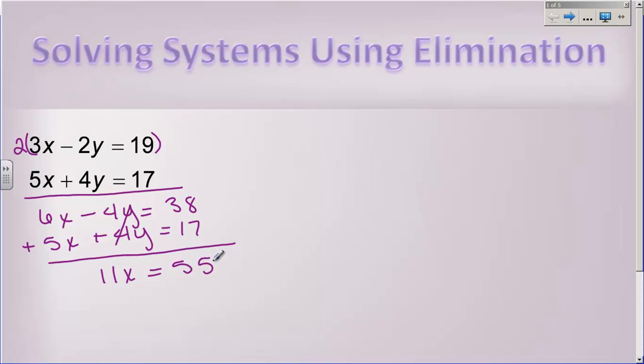Solve that. And you should get, by dividing by 11, that x equals 5.